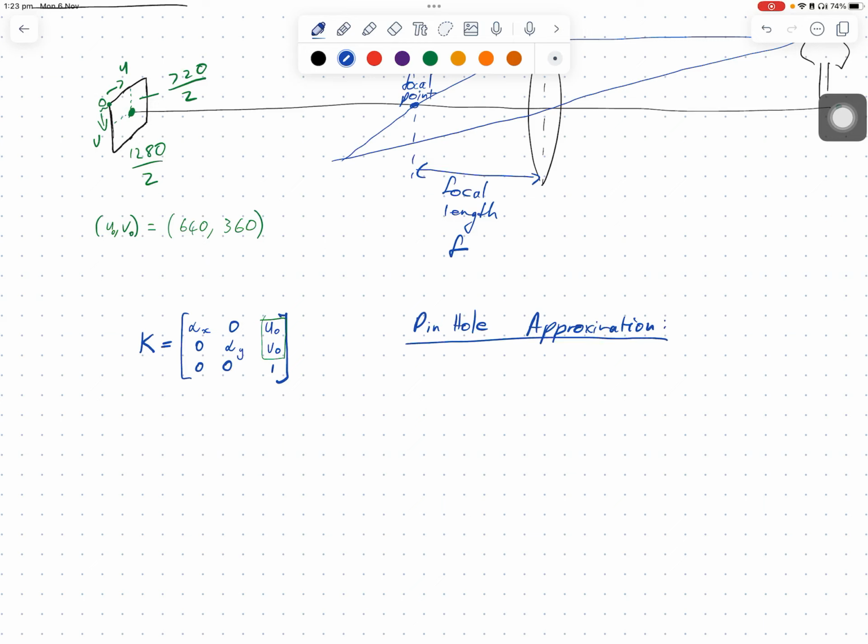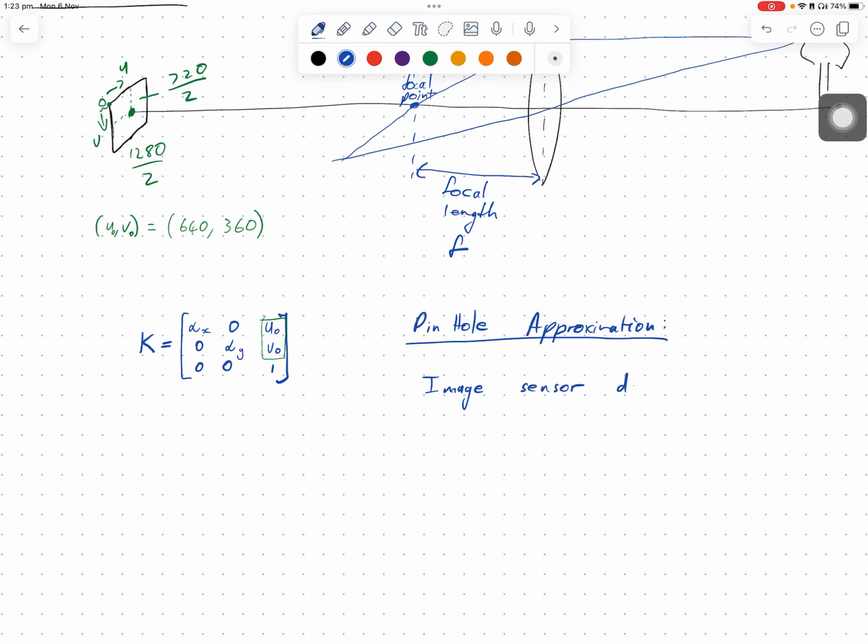Basically, again, I'm not going to go into the details too much, but what the pinhole approximation says is that your image sensor is one focal length away from the lens.